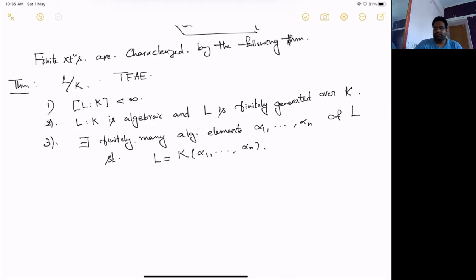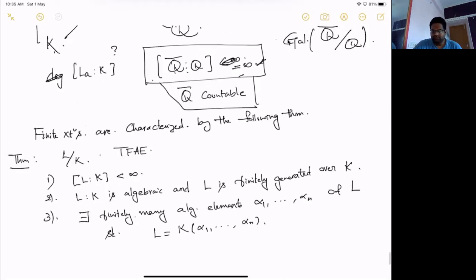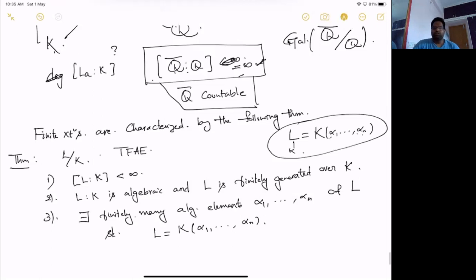So this is how you characterize finite extensions. Any finite extension can be written as K of alpha 1 up to alpha n for some n over K. This is the basic import of this theorem.